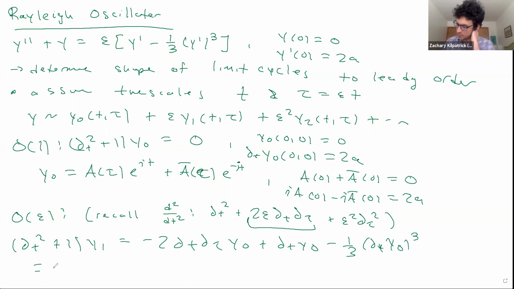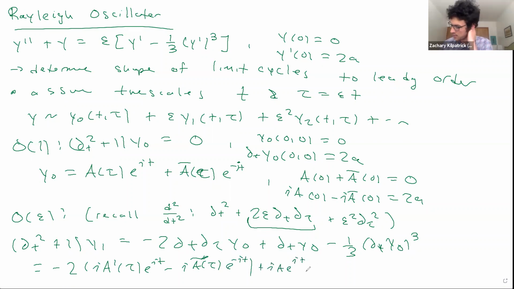So I can write this out as minus 2i a prime of tau e to the it minus 2i a bar prime of tau e to the minus it plus i a e to the it minus i a bar e to the minus it minus (i a e to the it minus i a bar e to the minus it) quantity cubed divided by 3.